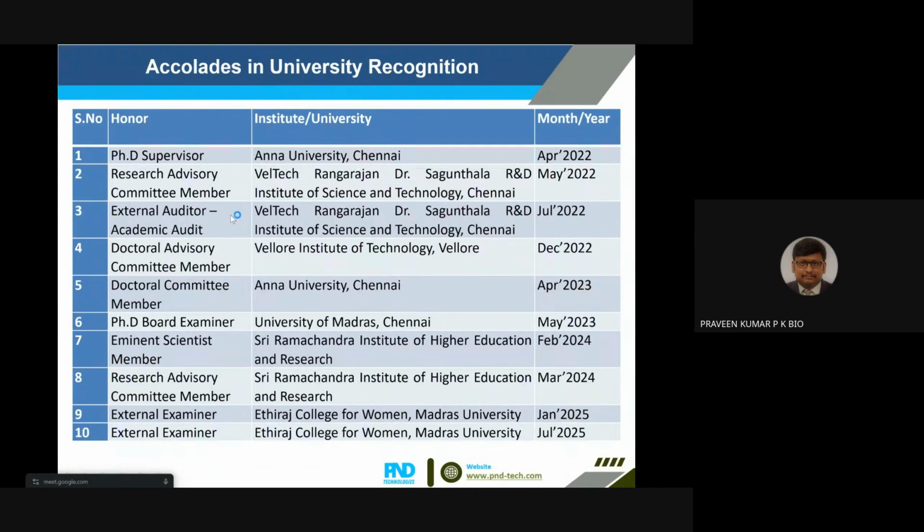I'm a research advisory committee member for many reputed institutions like Vel Tech Rangarajan Dr. Sagunthala R&D Institute of Science and Technology, VIT, Anna University Chennai, University of Madras, Sri Ramachandra Institute of Higher Education and Research, and also Ethiraj College for Women.